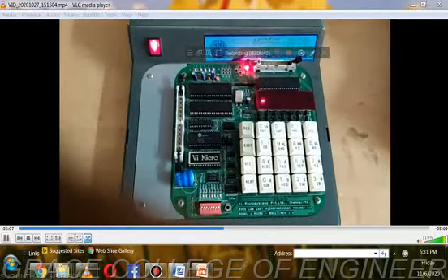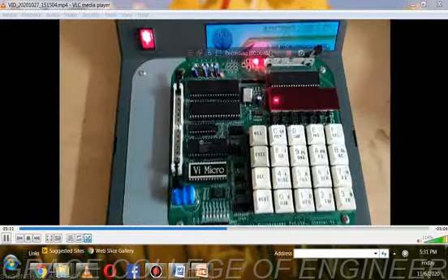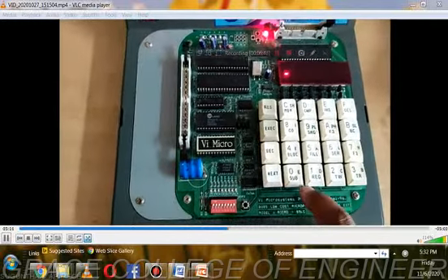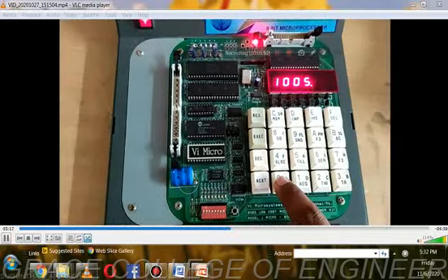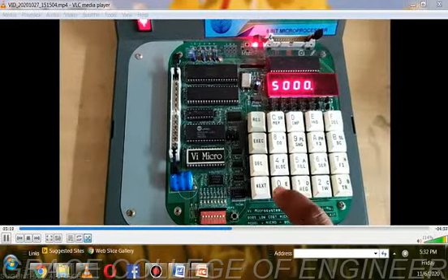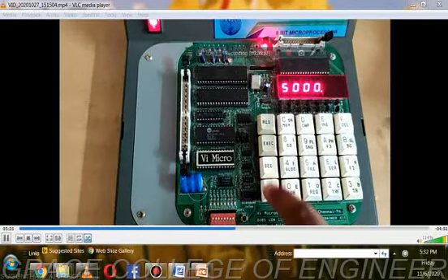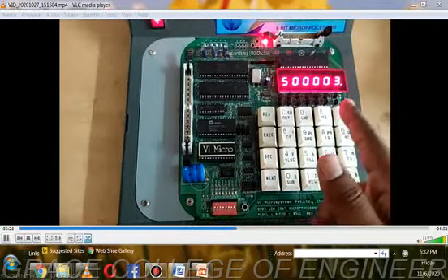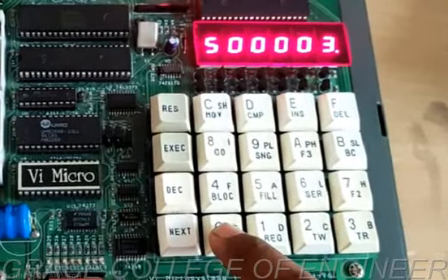Then giving two inputs for addition. Press SUB, 5000. The default value is 3; we are modifying it into 02.